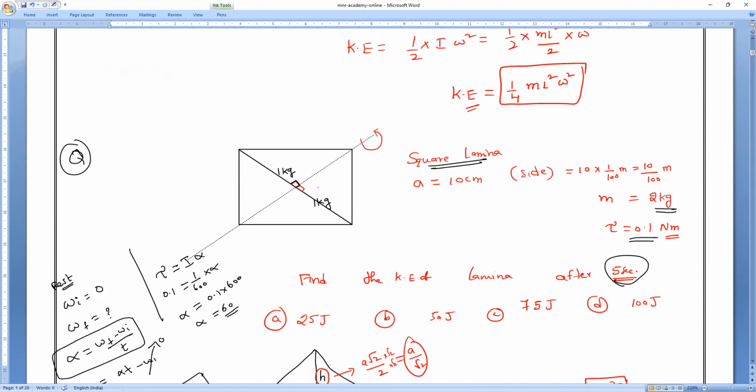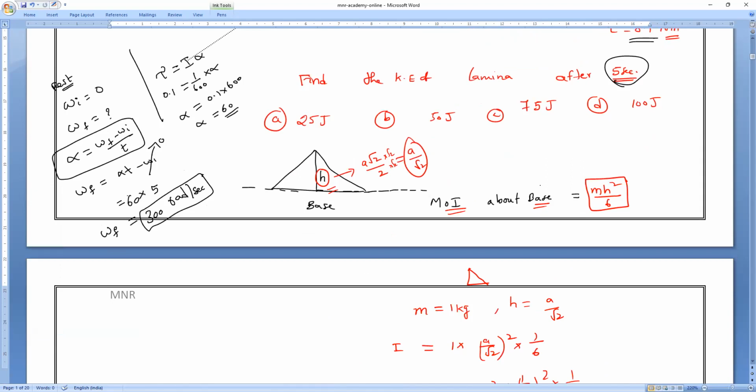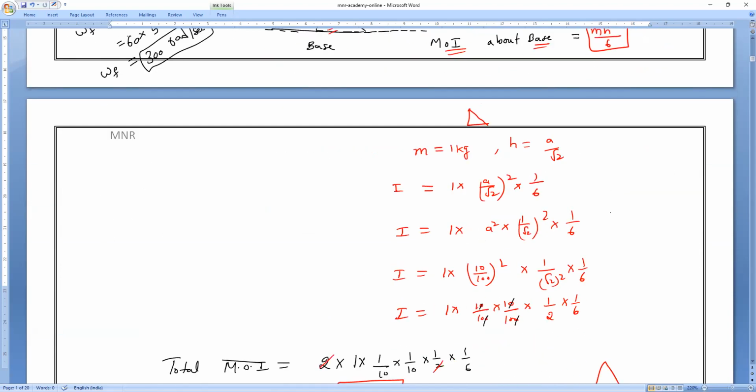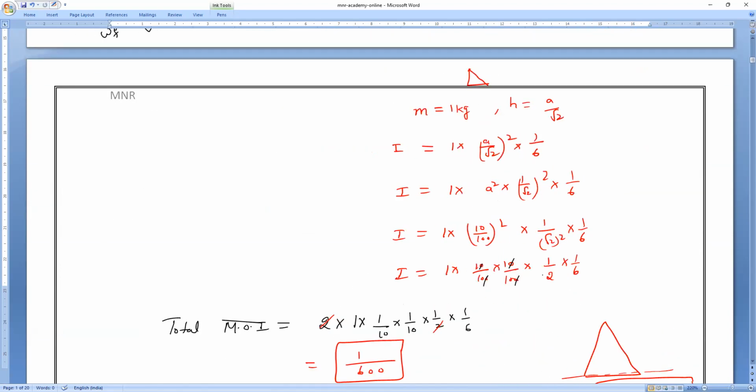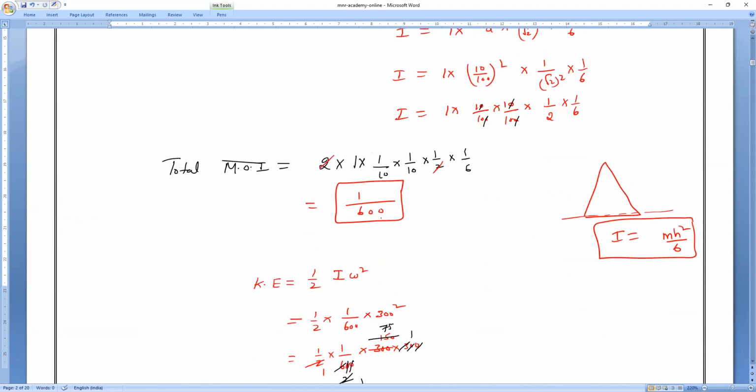We all know the moment of inertia of a triangle when the axis of rotation is passing through the base is mh square by 6, and h is equal to a by root 2. By substituting that formula, I will get the moment of inertia of one triangle, but we have two triangles, so I will find the total moment of inertia of the two triangles. That is 1 by 600.